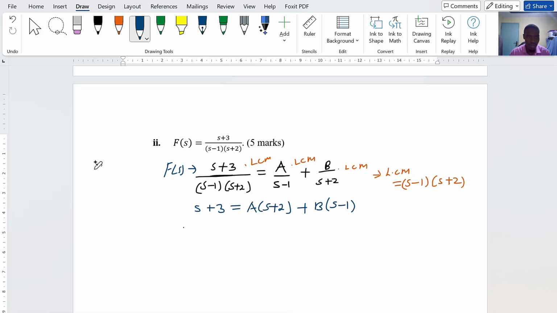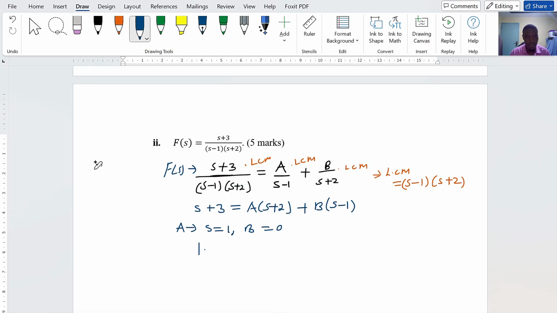Now we want to solve. So if you want to solve for a, then s must be equals to 1 for b to be equals to 0 here. Of course, our s is now known. S is 1.